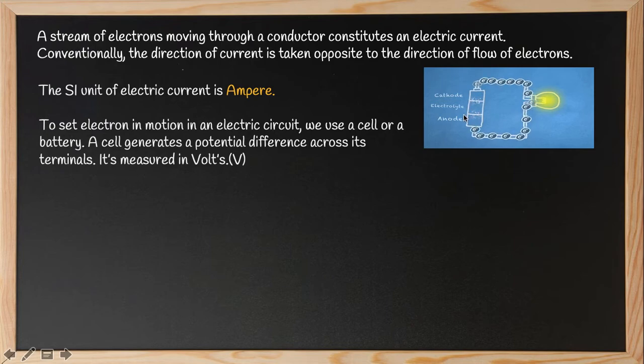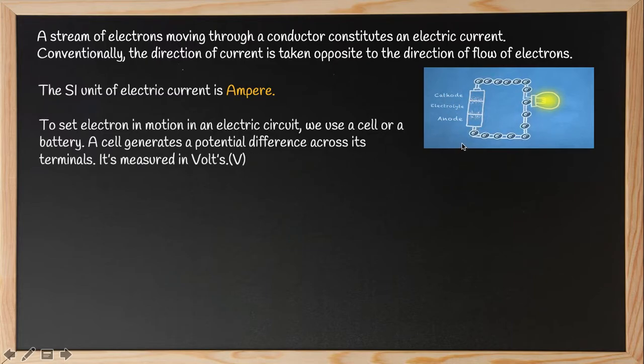A battery has to continuously expend its chemical energy, and this energy will create a potential difference across the terminals. This is a positive terminal and this is a negative terminal, and a potential difference is created across these terminals, and because of this potential difference only the electrons will move. This potential difference is measured in volts, which is represented by capital V.